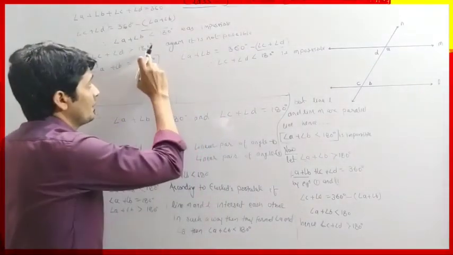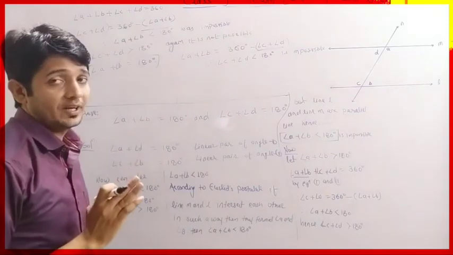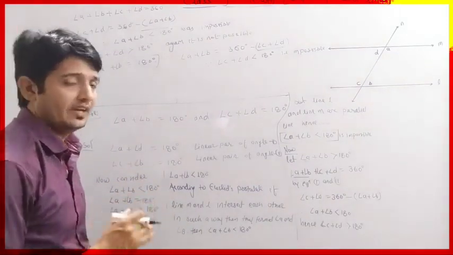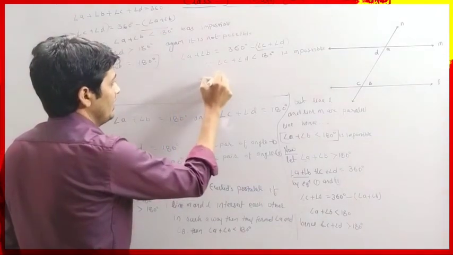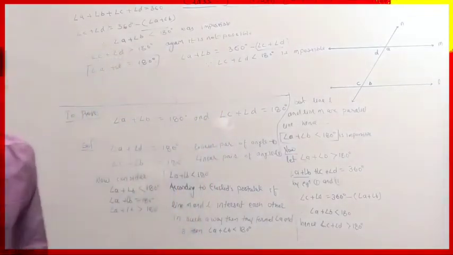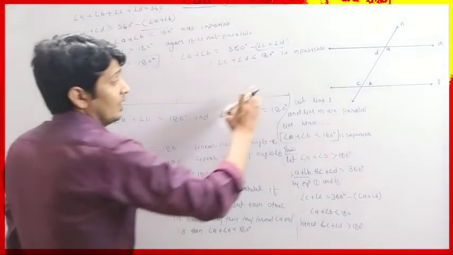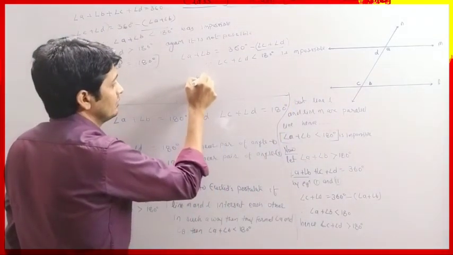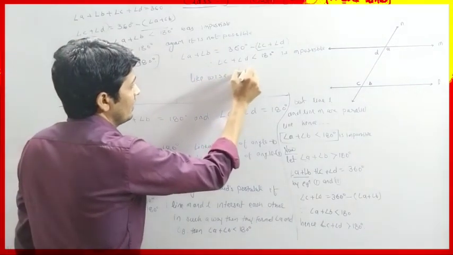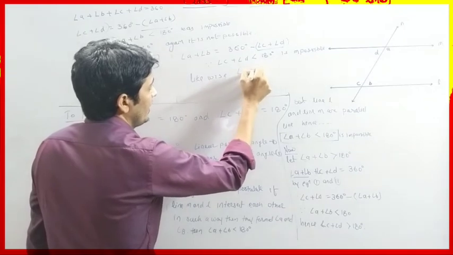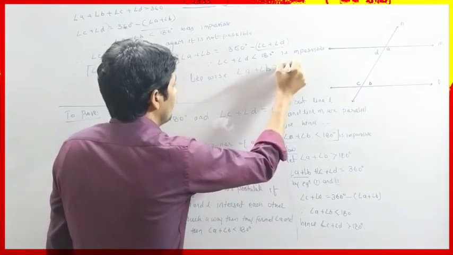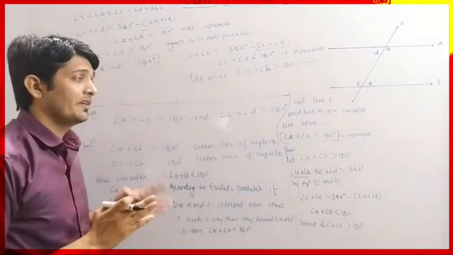And we just proved here that this angle cannot be greater than these two. That means our angle A plus angle B, how is it? Therefore, by this, it is impossible. Likewise, angle A plus angle B is greater than 180 degrees, again it is impossible. Likewise that we have already proven.